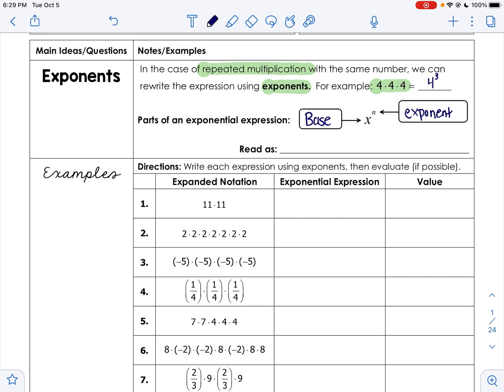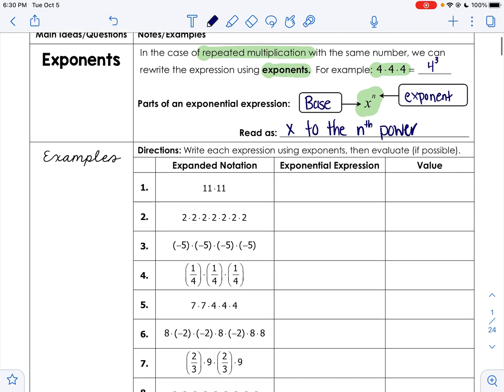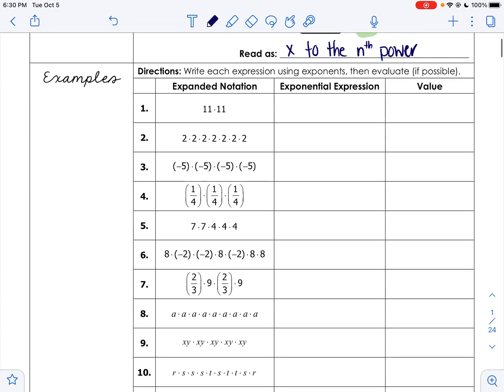And we can read this example here as x to the nth power. So we read our base first, raised to our exponent. So let's take a look at writing them in exponential expressions and finding their values.